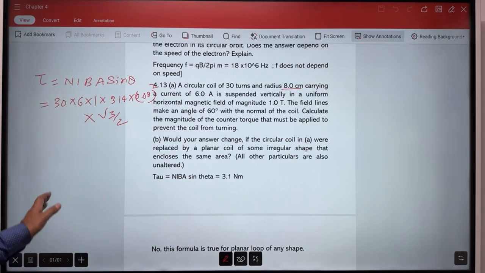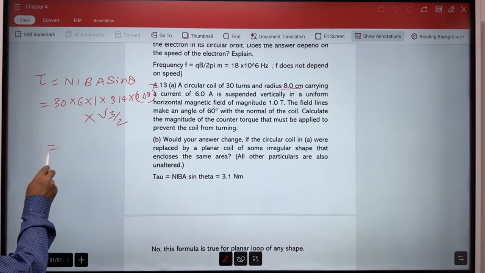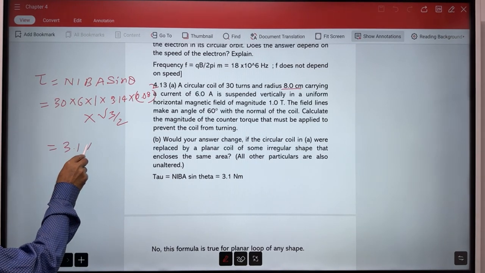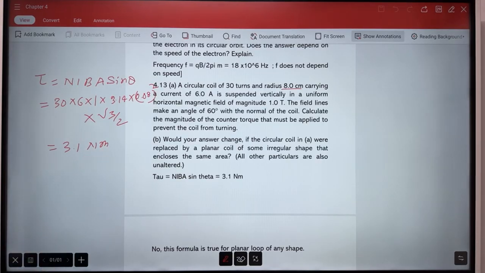We can evaluate it, and this will come out to be 3.1 Newton meter.